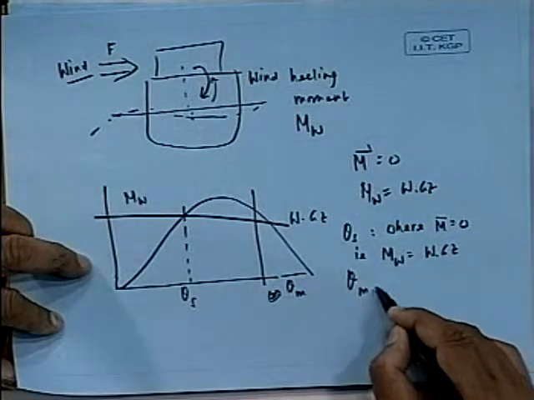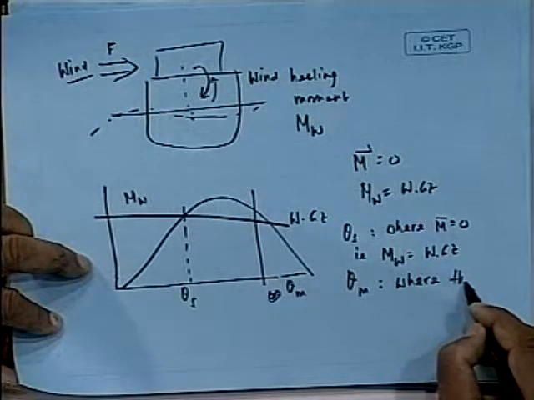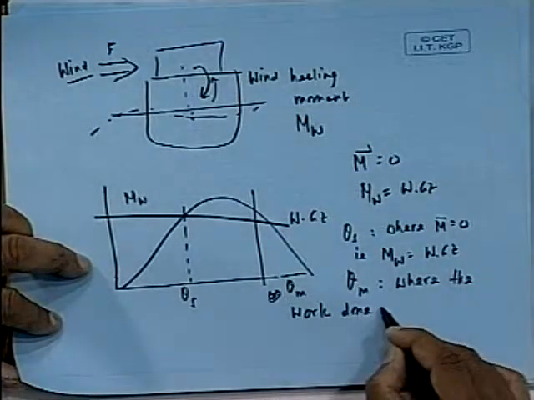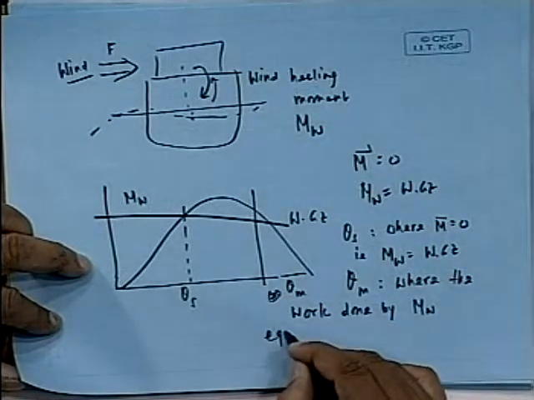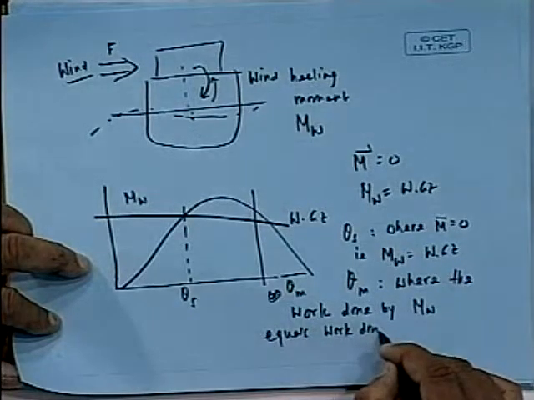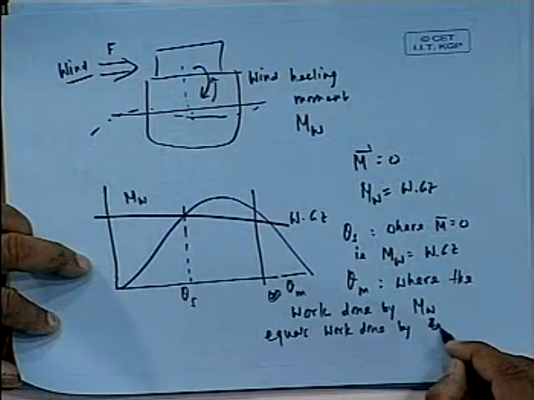Say theta maximum, it is where the work done by M wind equals the work done by the restoring moment, by delta or W.